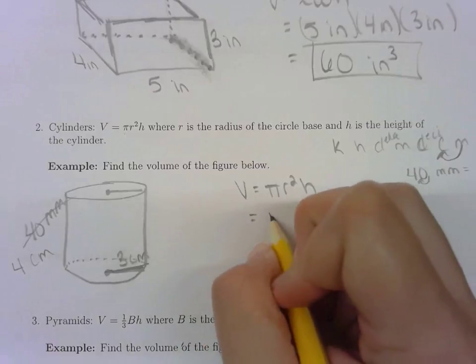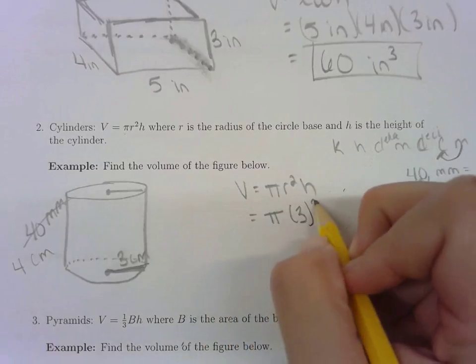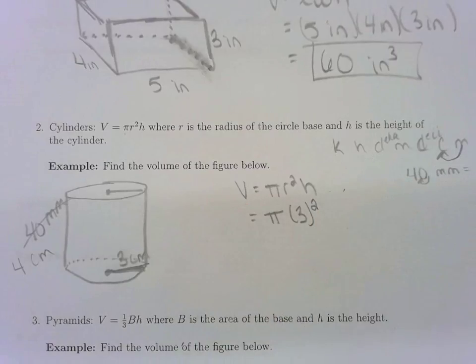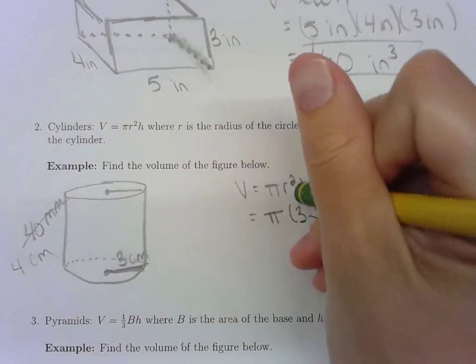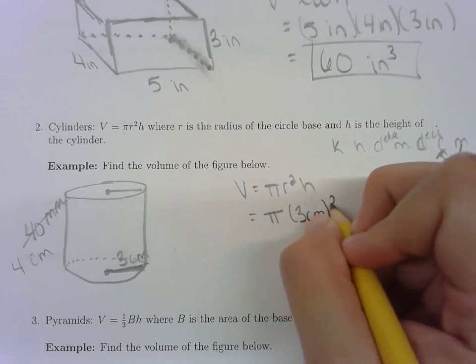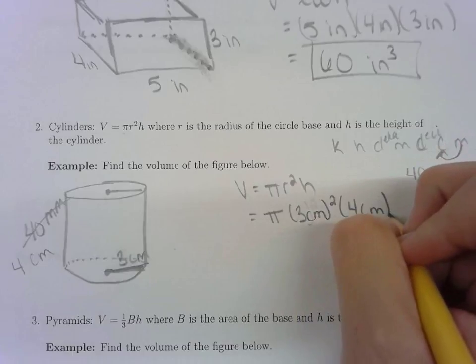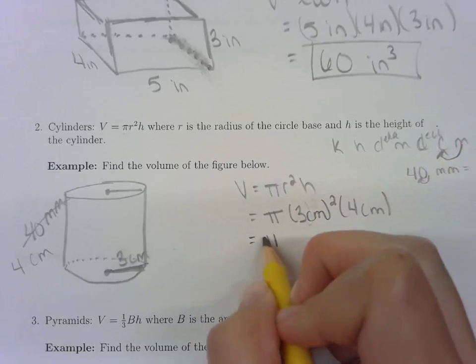Okay, so filling in our volume, we have pi times r squared, so 3 squared. I'm going to go ahead and leave the centimeters too, just so you guys see the unit. Times our height, which is 4 centimeters. Okay, so I'm going to go ahead and leave the pi alone.